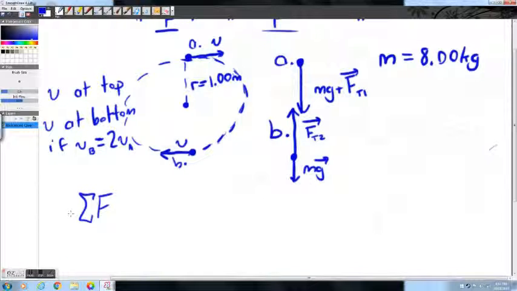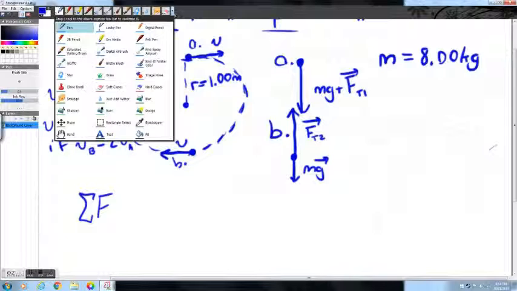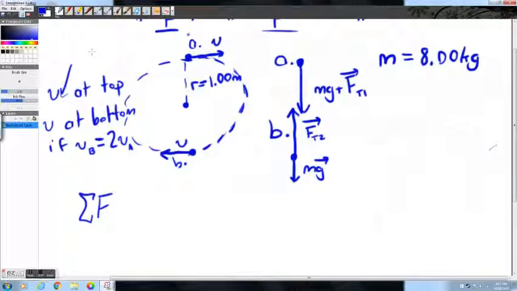And this is the minimum. We're looking for the minimum velocity, the amount of velocity that's required to get over the top, so that it just barely goes over.